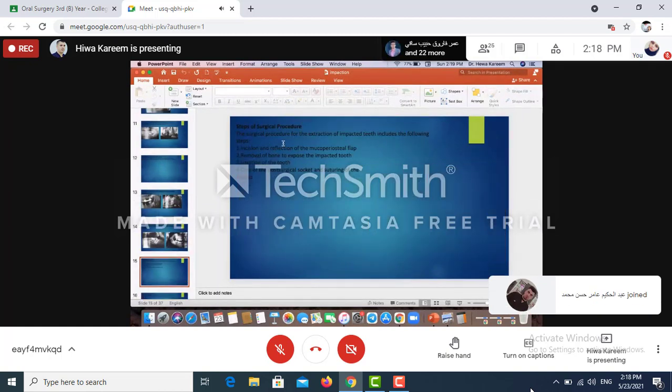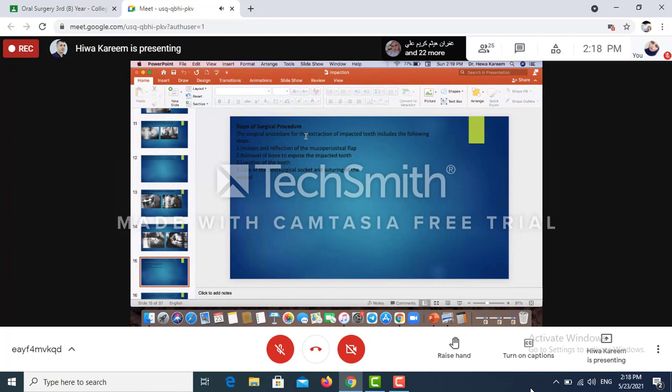Steps of the surgical procedure. We have principles for extraction of the third molar. First, incision and reflection of the mucoperiosteal flap. Second, removal of the bone to expose the impacted tooth.